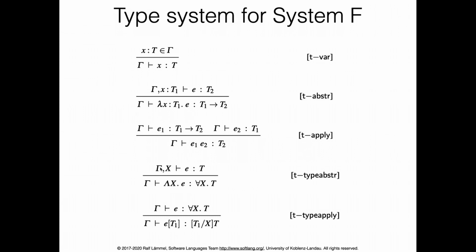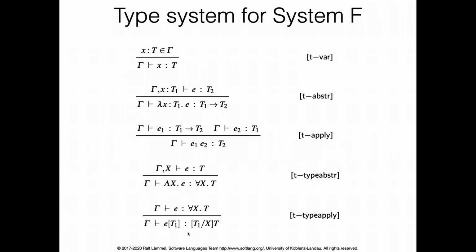So within the enriched context, including now an additional type variable X, whatever the type of E is, the polymorphic version thereof with the explicit for all, that's the type of the type abstraction.